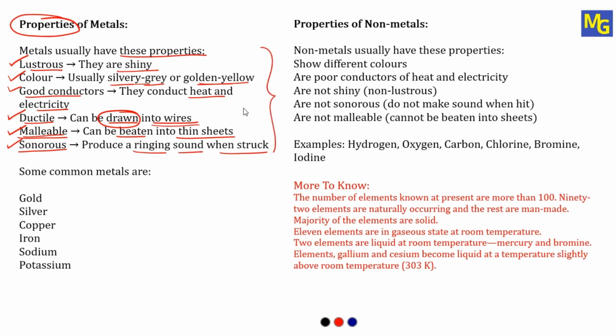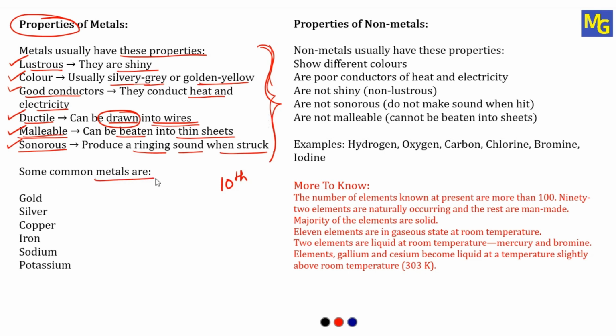Actually, for the ninth standard, we are not going to study all these properties in detail, because the same topic we are going to study in 10th standard. There is a chapter called Metals and Non-metals, and in that chapter we will study all these properties in detail. But now, whatever is there in your NCERT book, that I have taken here to explain to you.